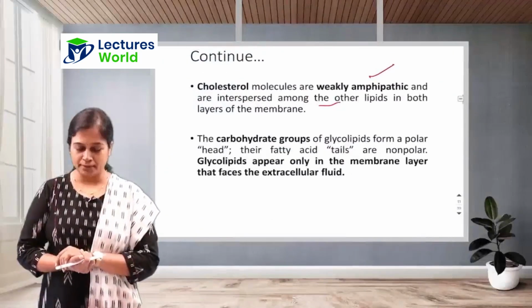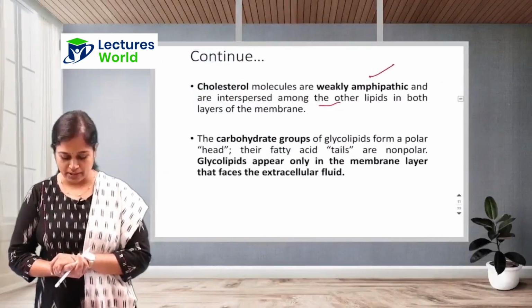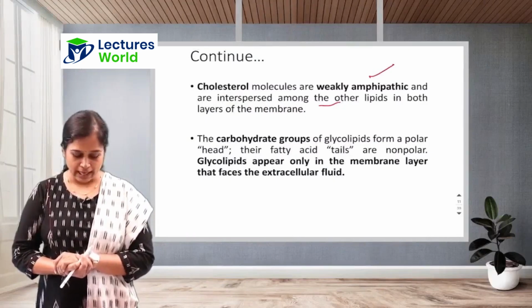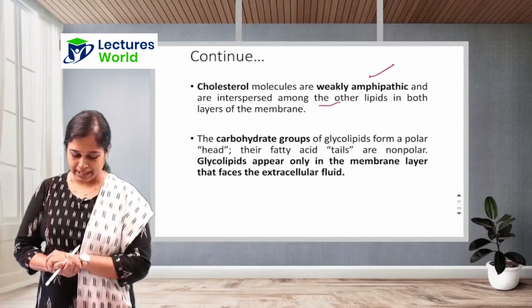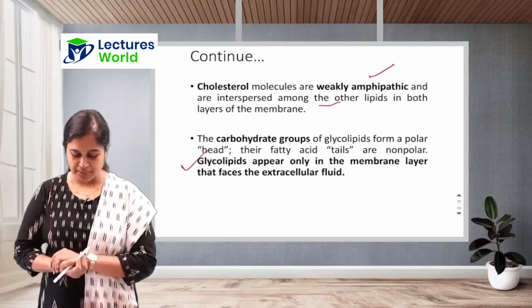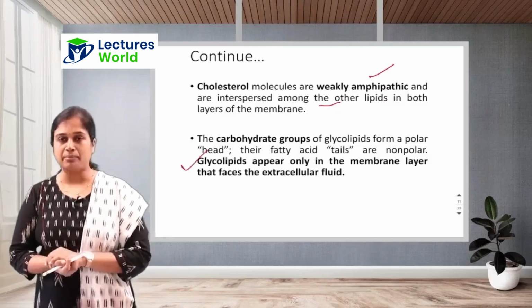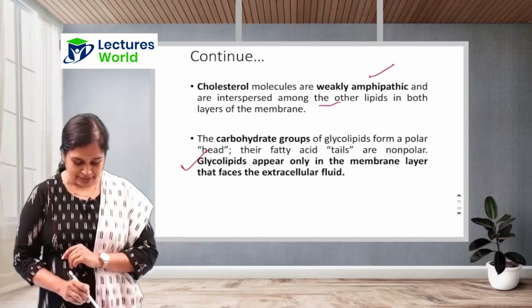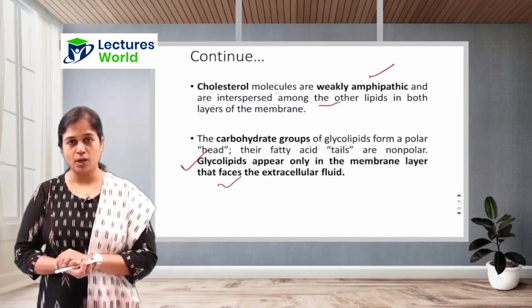The carbohydrate groups of the glycolipids form a polar head, and their fatty acid tails are non-polar. Just now we saw, the glycolipids appear only in one membrane layer, the one that faces the extracellular fluid.